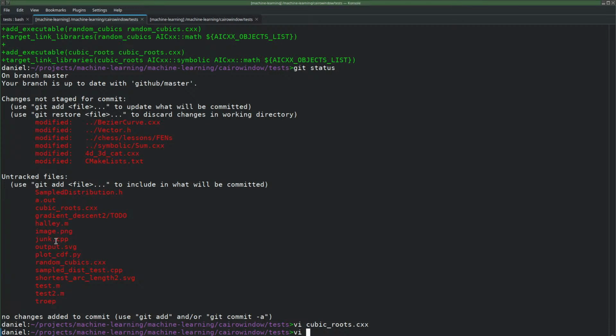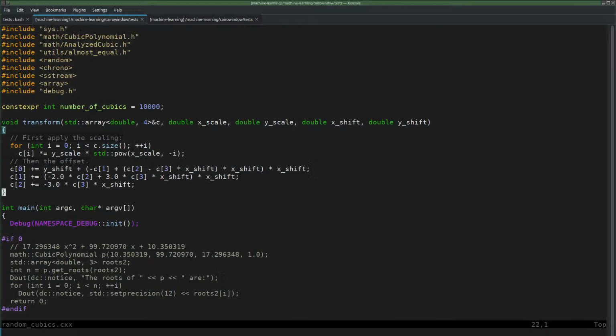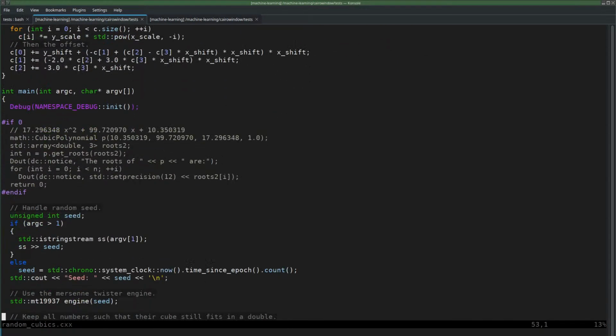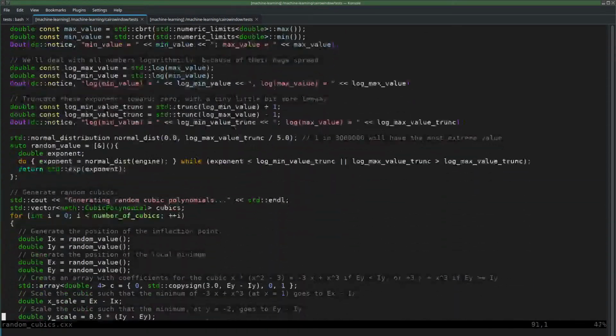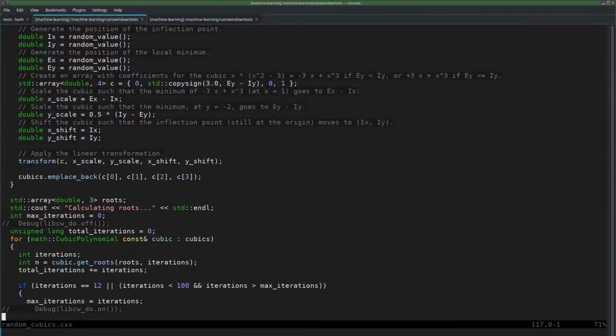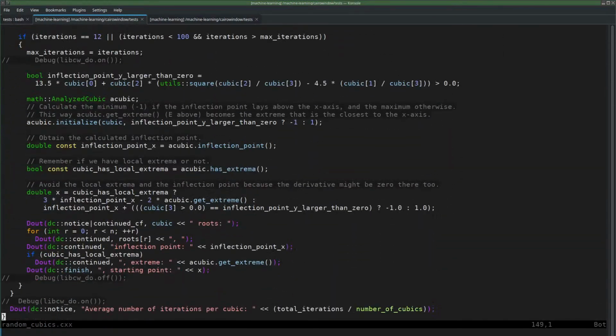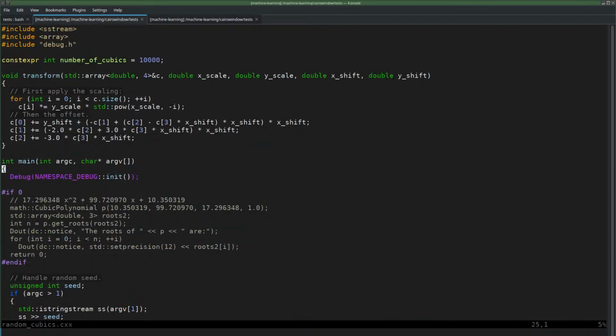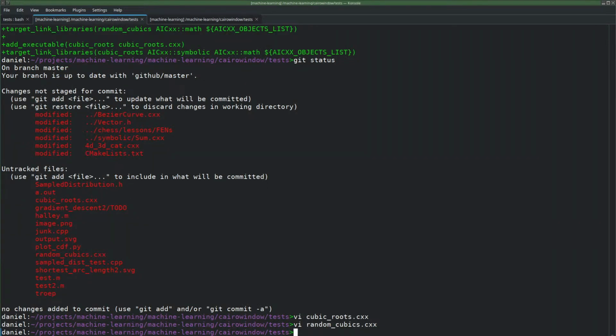And that one. This generates random cubics. Gonna commit it as well.